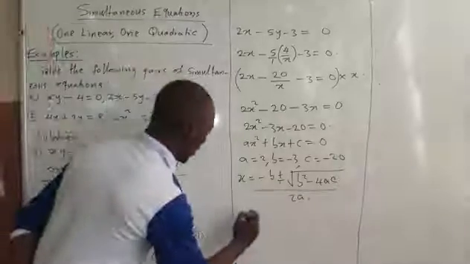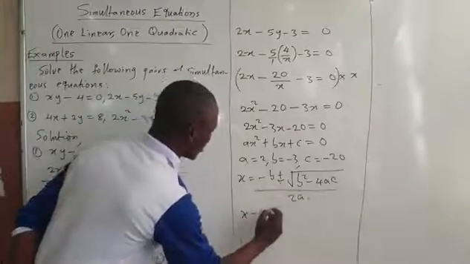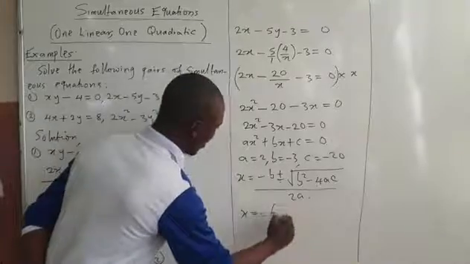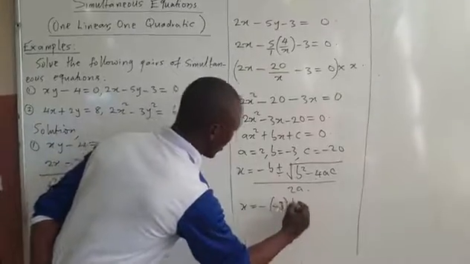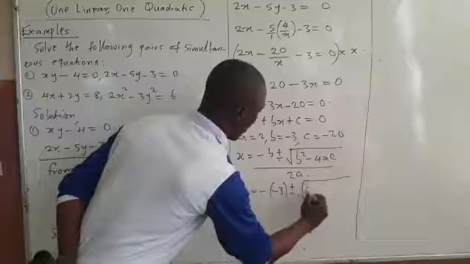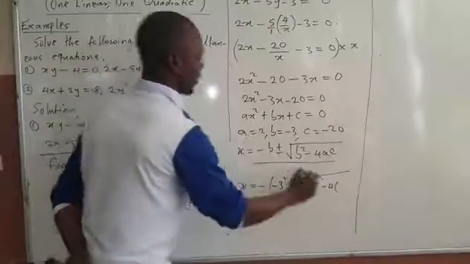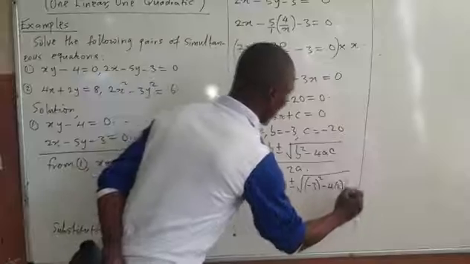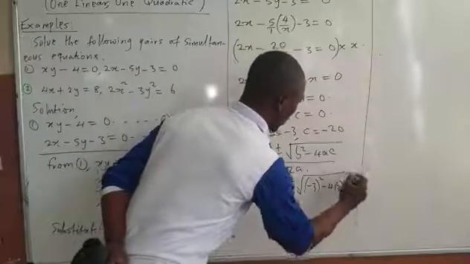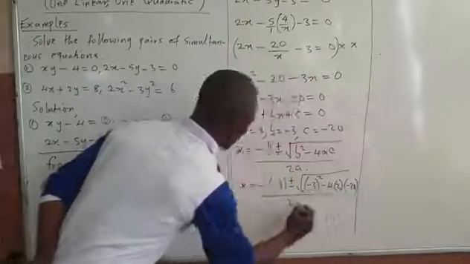So we have x equal to minus b, b is minus 3, so minus minus 3, then plus or minus square root of minus 3 squared minus 4 times a, that is 2, multiplied by minus 20, all over 2 times 2.